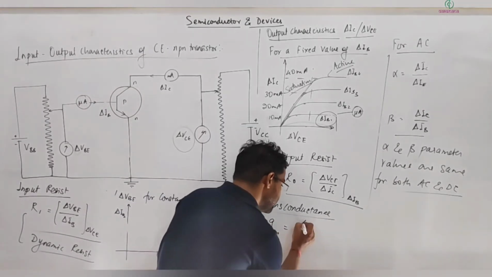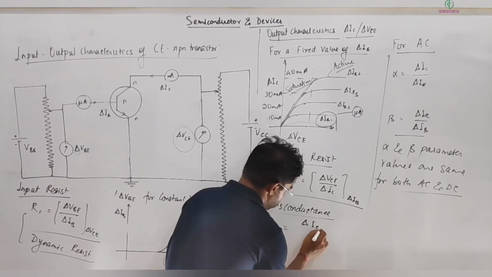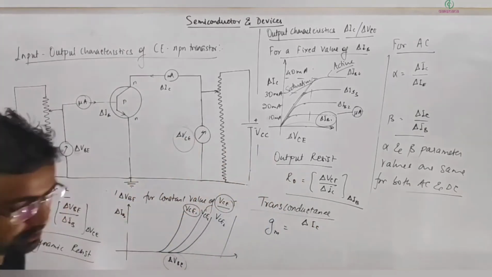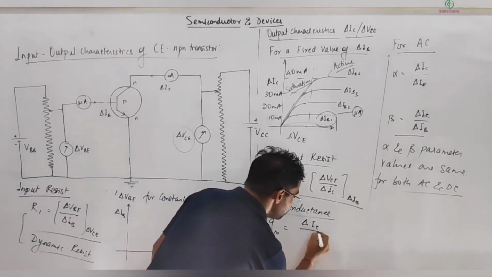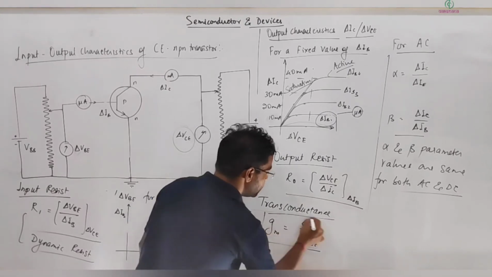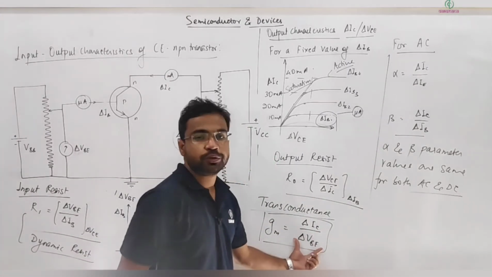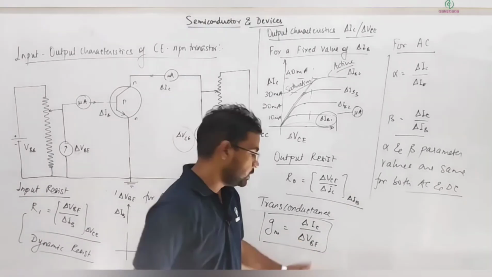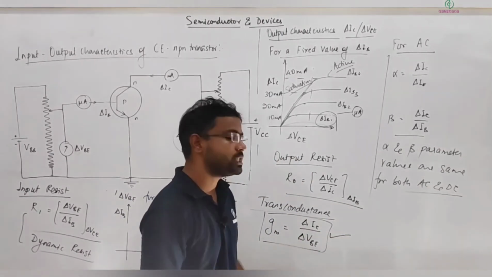Here it is delta IC divided by delta VBE. It is the output current variation with the input potential drop. So this ratio is simply termed the transconductance of the transistor.